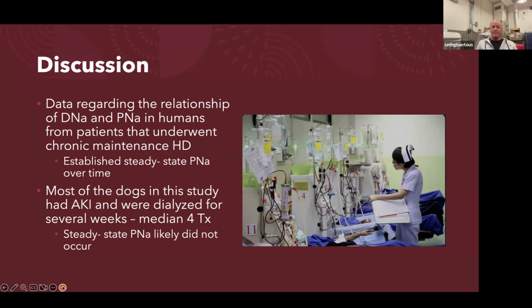I think the median number of therapies was 4 for the dogs in this study, and the range did go up to 51, so someone was getting chronic therapy, but the majority of the dogs were not. So they likely never had a chance to reach a steady state with their plasma sodium over the course of their therapies, and this also could affect that gradient.